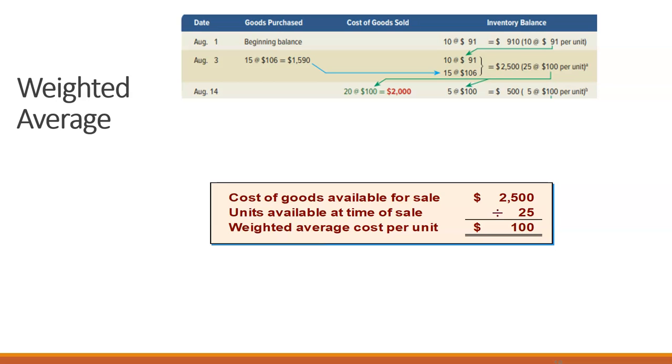We then purchased an additional 15 bikes. So instead of saying we have 10 at $91 and 15 at $106, we add up the total cost and we say we have 25 at an average cost per unit of $100. We would then update the average cost every time that we purchased inventory.